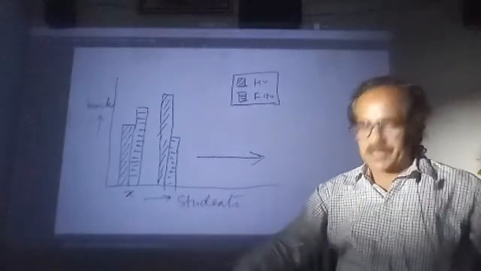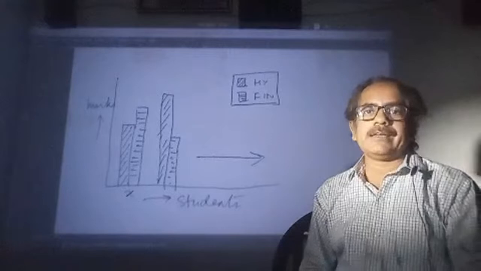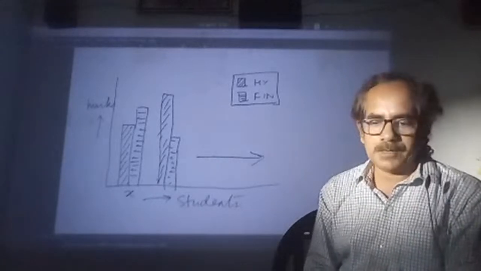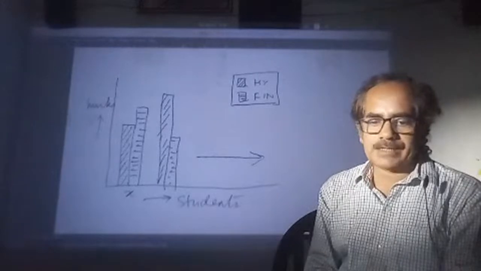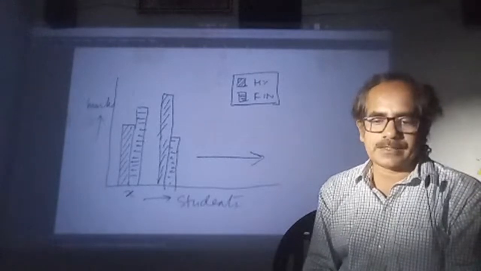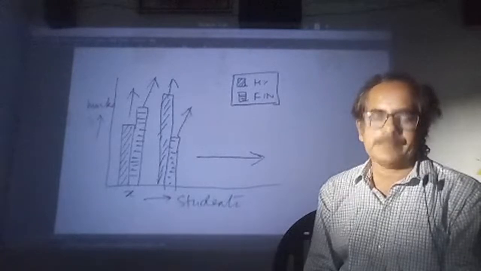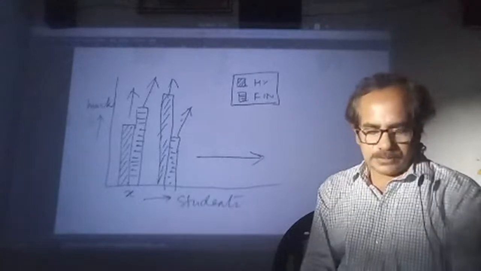So you are observing that two data items are there to be shown in the bar graph. One is the half yearly marks, another is the final marks, for each student.